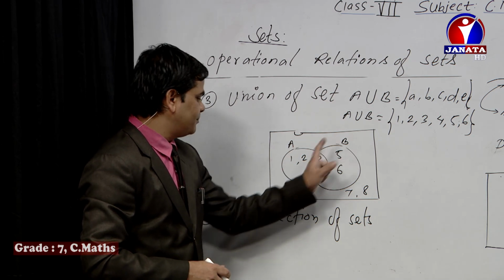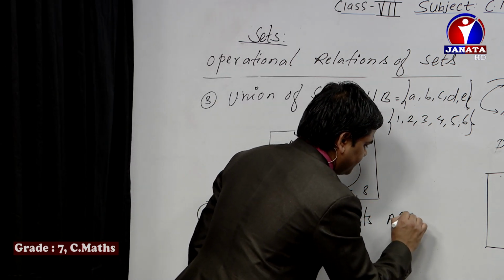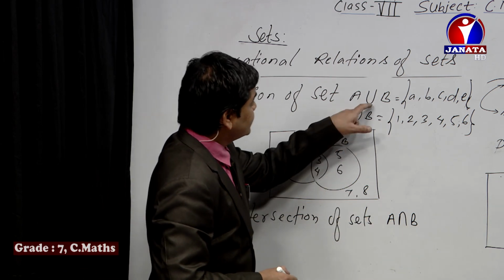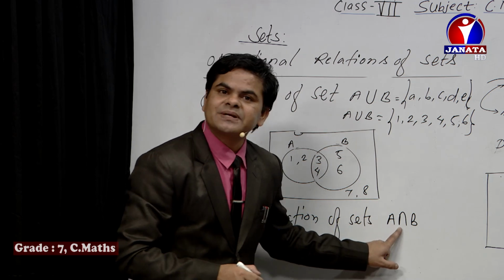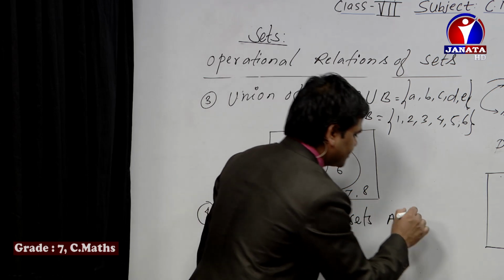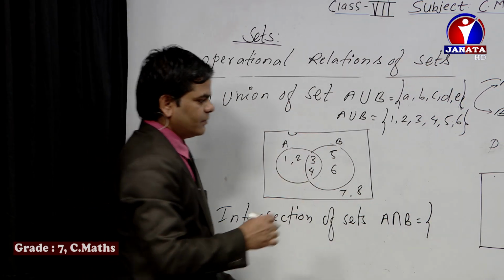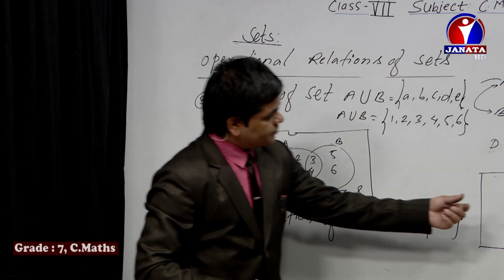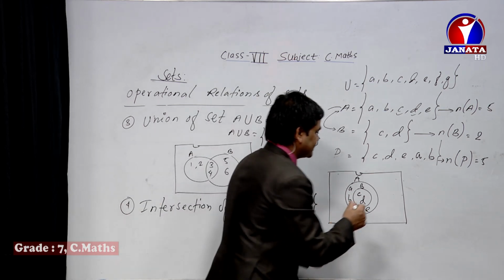So A intersection B equals, if you have to find it out, A intersection B. This sign is known as intersection, dear students. Symbolically, union is represented by an upward turned U and intersection is represented by a downward turned U. So A intersection B equals, looking at this Venn diagram, we need to represent 3 and 4. And similarly, from this Venn diagram, dear students, if we need to take out A intersection B, what happens?